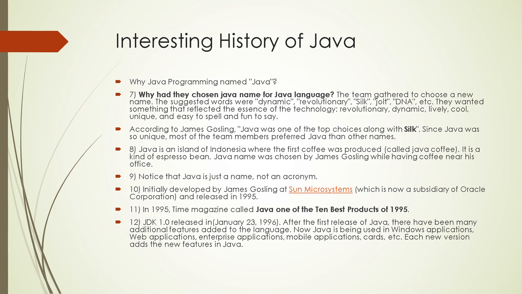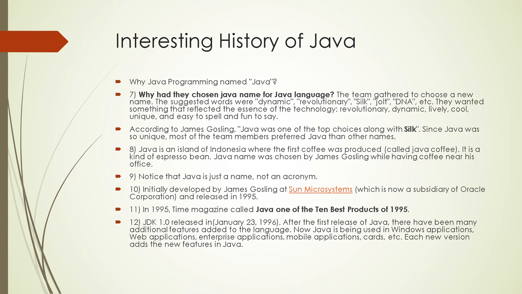But James Gosling was thinking of something else, and from those suggestions they chose two names, one is Silk, another is Java. These two were the top choices. Then they gave the programming language the name Java. It was a unique name, and you all know Java is an island in Indonesia, and in Indonesia they first cultivated coffee.